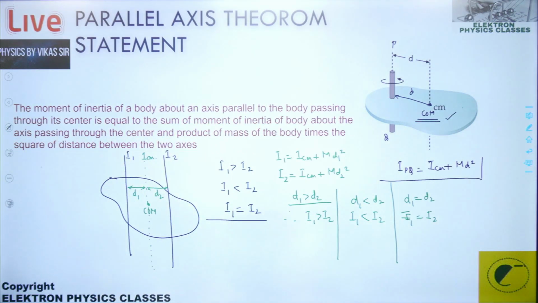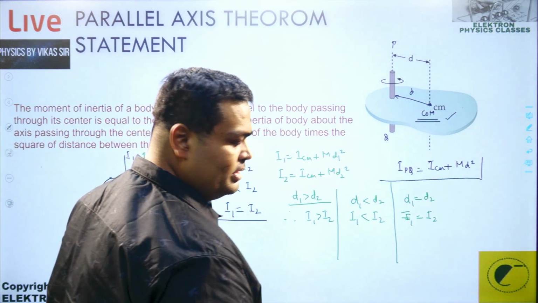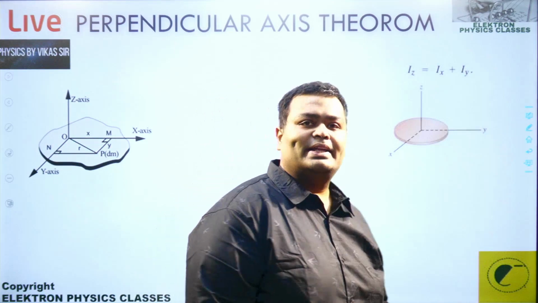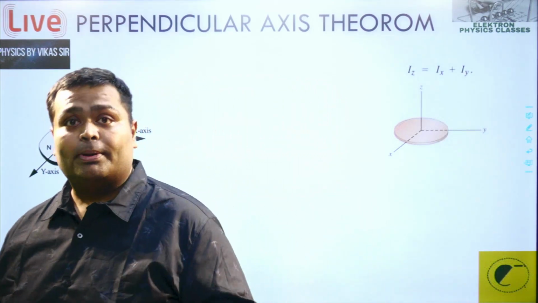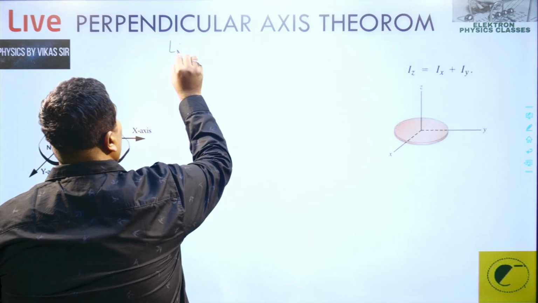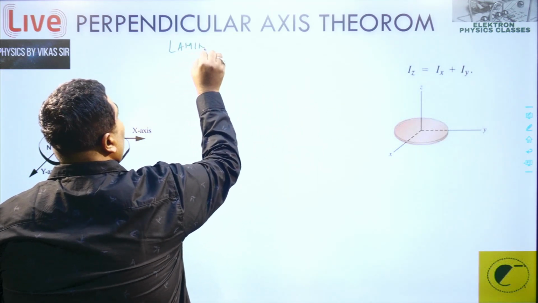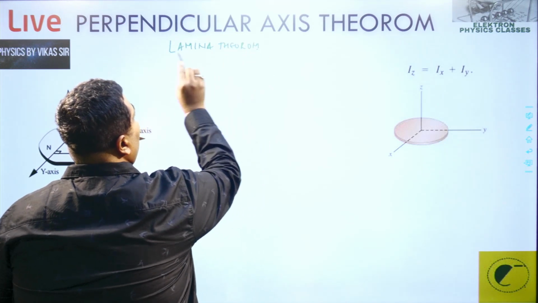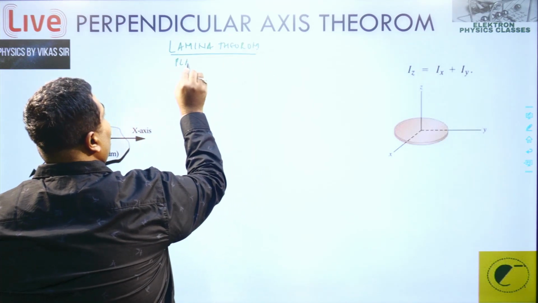So good things are coming across our way. That was our parallel axis theorem, and then we have the second bonus theorem, known as the perpendicular axis theorem, also known as the laminar theorem. Laminar means a plane, so it's also known as a planar theorem.